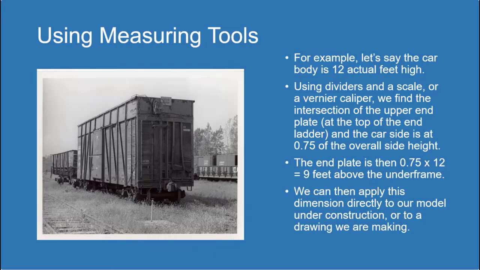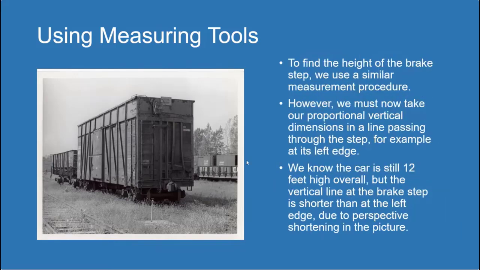So if we know that the car is 12 feet high, we then know that the end plate or the top of the ladder would be 0.75 times 12 or 9 feet above the underframe. So we can take all the dimensions we want. We can even figure out the spacing of the ladder rungs, any other features we're interested in along this corner.